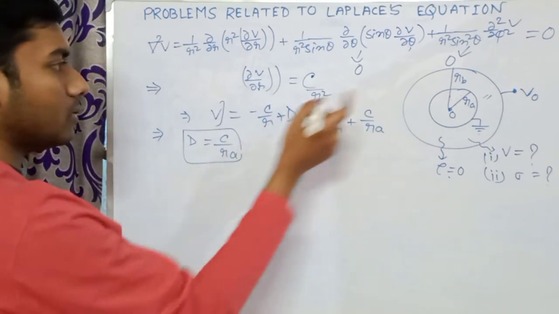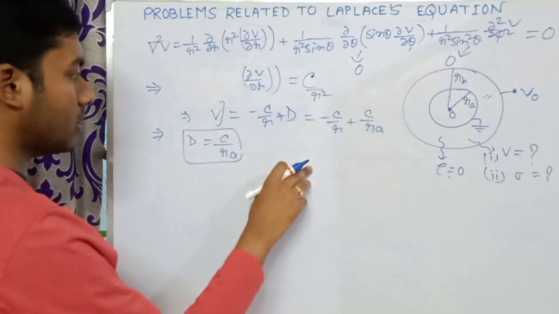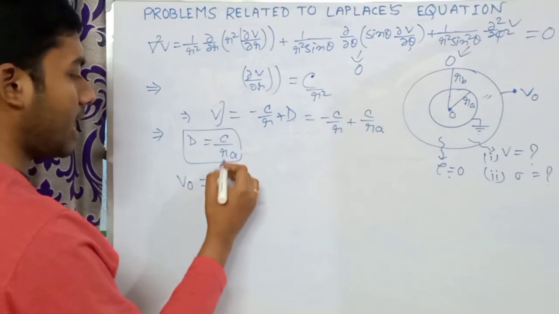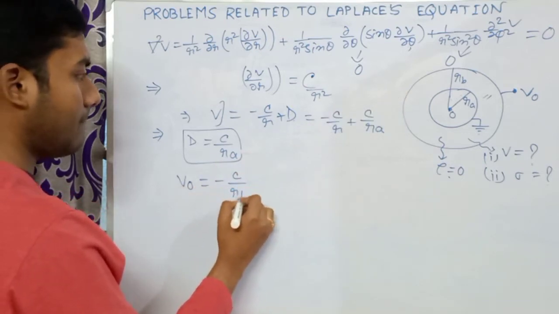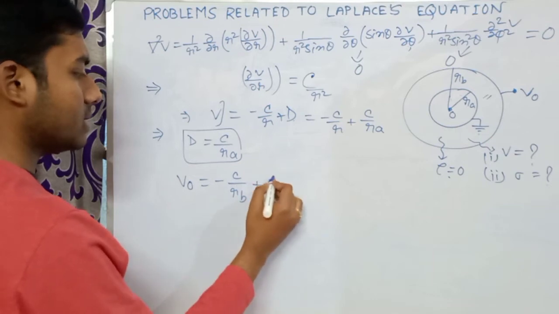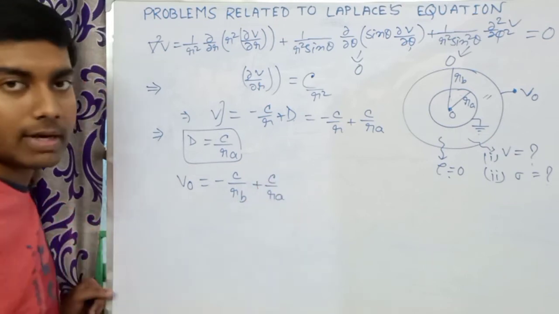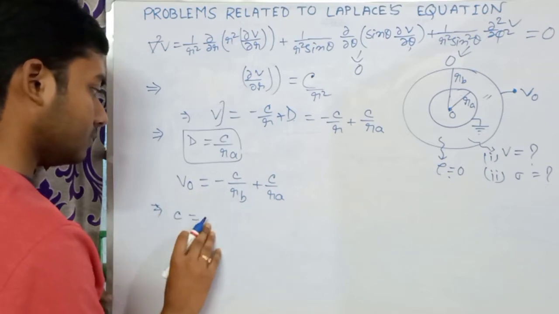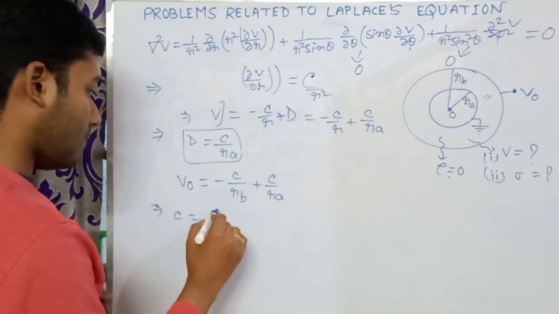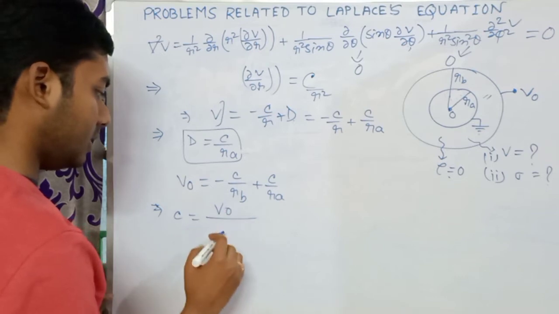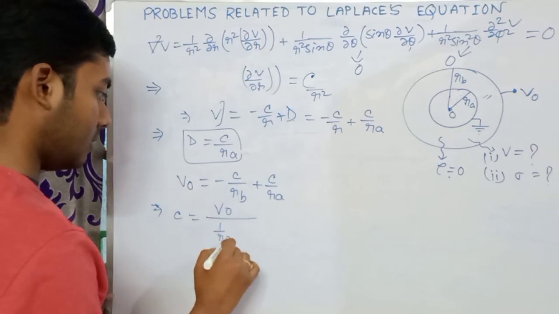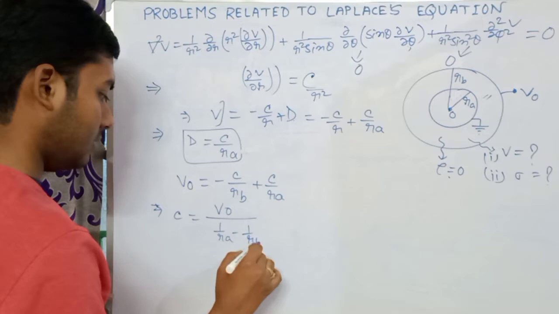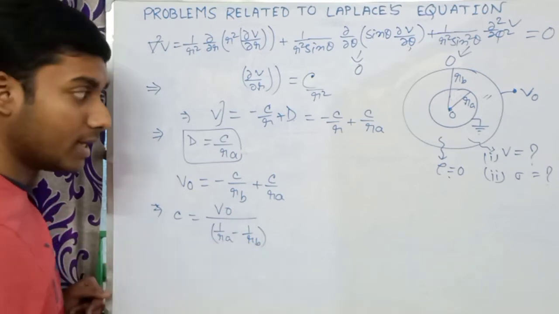right? Now putting the other condition, V is equal to V naught at r equals rb. Minus C over rb plus C over ra, right? So the C becomes V naught divided by 1 by ra minus 1 by rb, right?